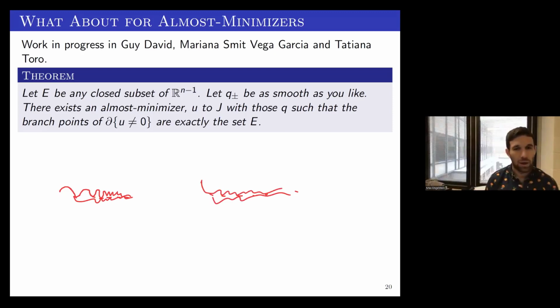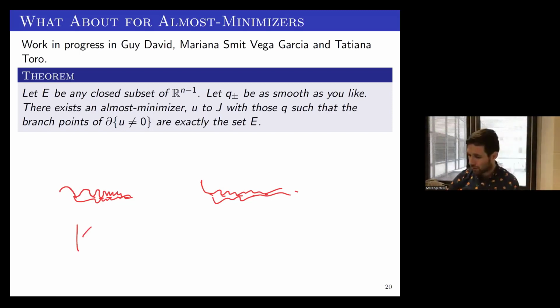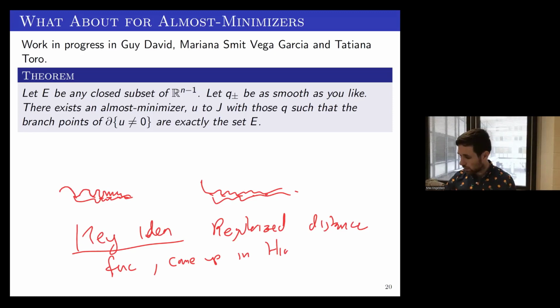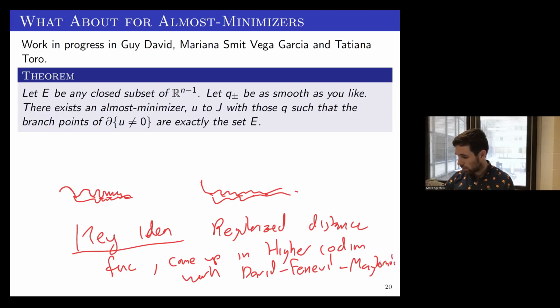And let me just say that here, the key idea are the regularized distance functions, which come up in the higher codimension work of Guy David and Joseph Fenoy and Svetlana Mayboroda, and other collaborators, many of whom are in the audience.